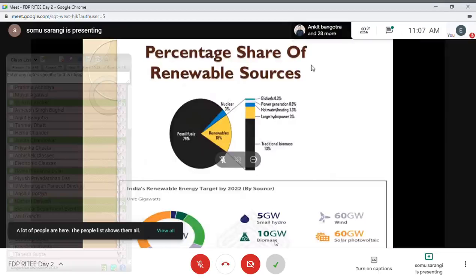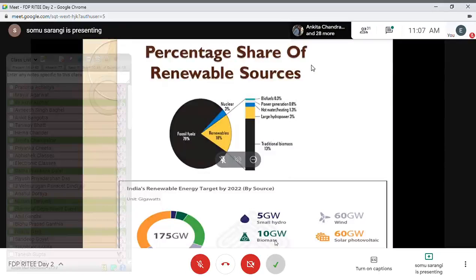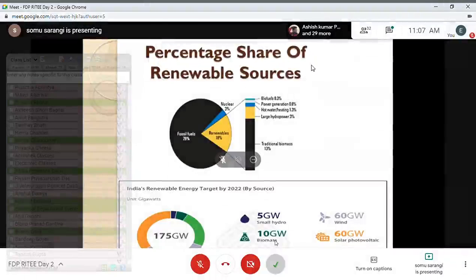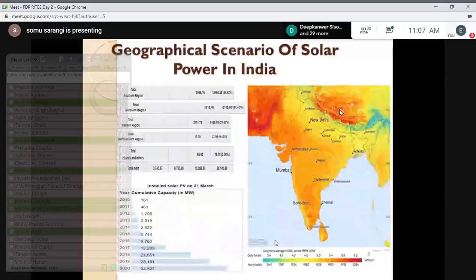This is the basic comparison of the power sources: traditional biomass is 13%, biofuels 0.3%, hydropower 3%, and fossil fuel 79%. However, if you consider solar, we have nearly 70 to 80 gigawatt. So these are the geographical scenario of power in India.